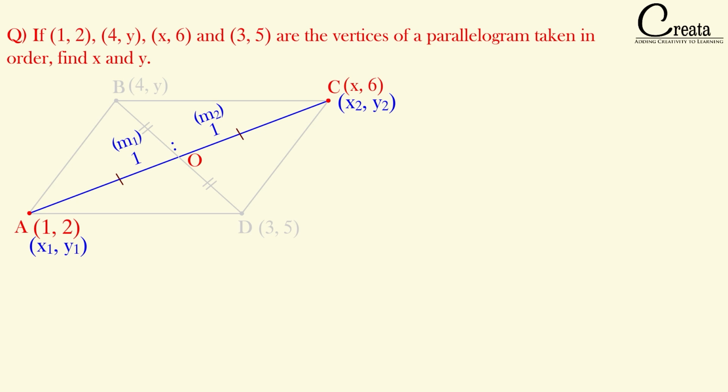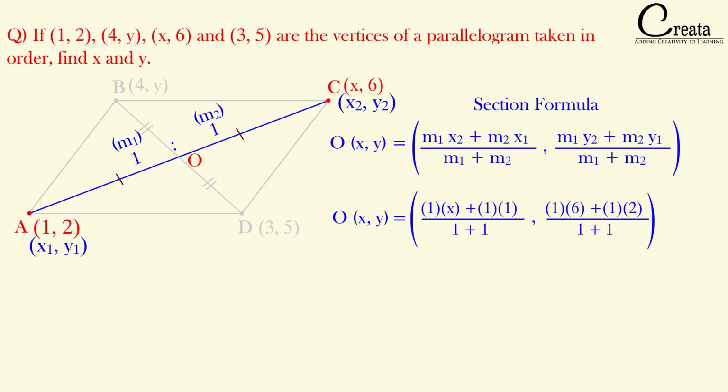So let's apply the section formula. On applying the section formula, we got our x coordinate as (x plus 1) upon 2 and we got our y coordinate as 4. Simply we have put the values and solved it.